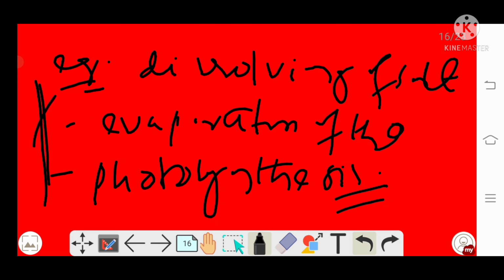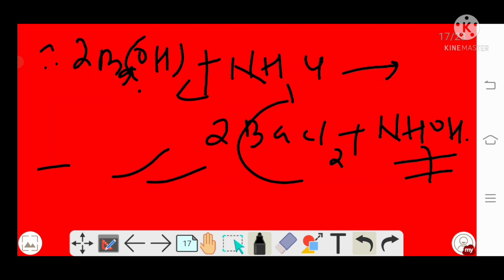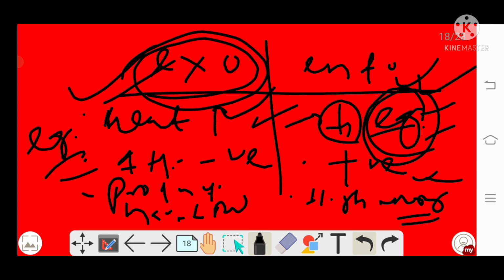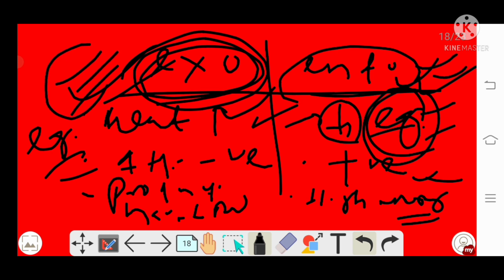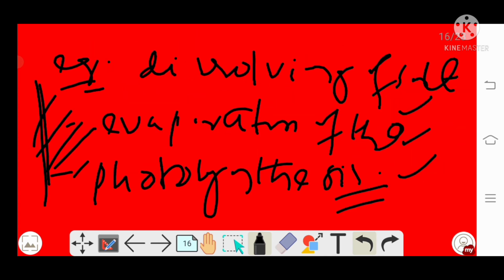You have to remember these examples: dissolving of salt, evaporation of water, photosynthesis, then formation of barium chloride. And you have to know what is exothermic reaction, what is endothermic reaction, and the difference. This type of question may appear in the exam.